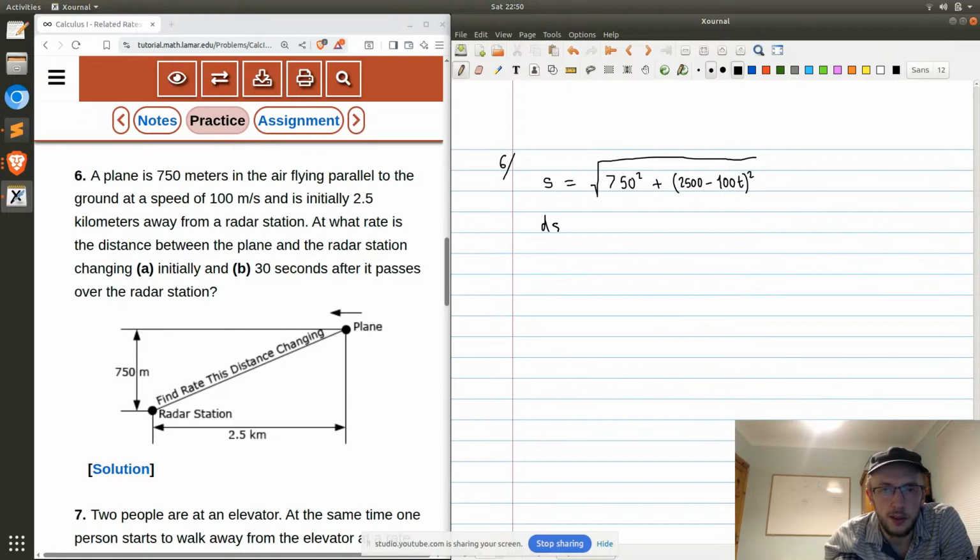And so ds by dt, in other words the velocity, will be a half of this to the minus half multiplied by the derivative of this.